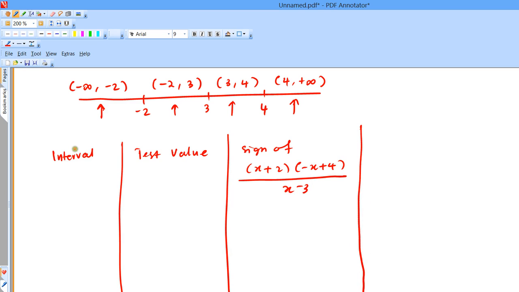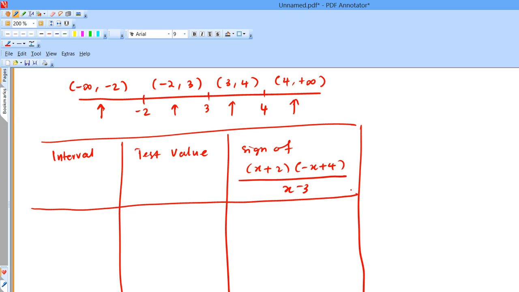Our inequality symbol is less than or equal to 0, so we want to find where the sign of this rational expression is negative.